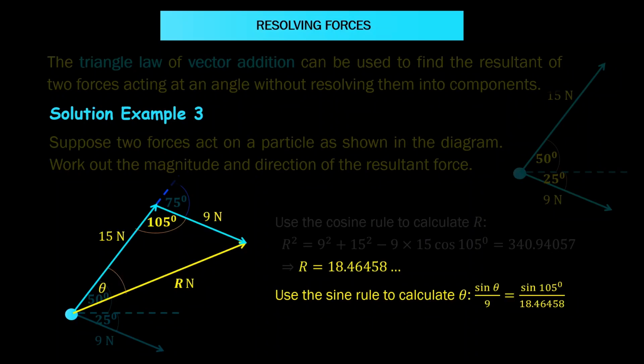So we're going to use 18.46458. And this gives us sine theta equals 0.47081, which implies that theta equals 28.1 degrees to 3 significant figures.